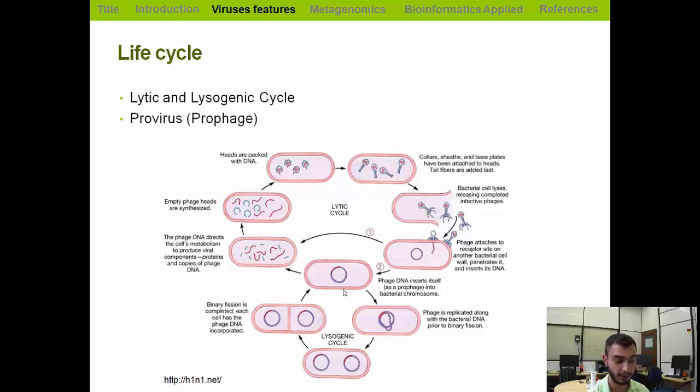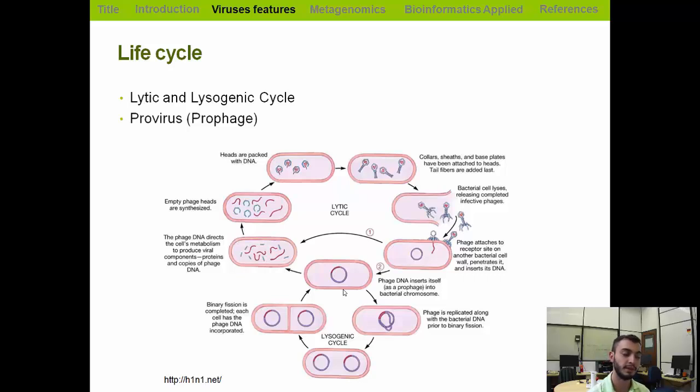Sometime in the life of the cell, some environmental triggers can make this virus become lytic again, and then kill the cell and produce a lot of particles, and that is it.